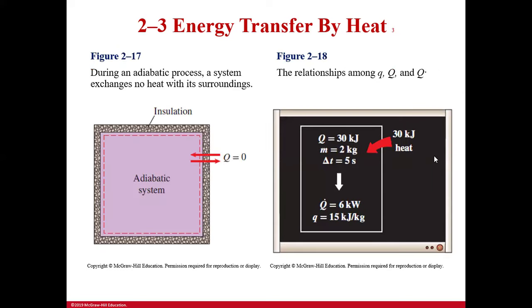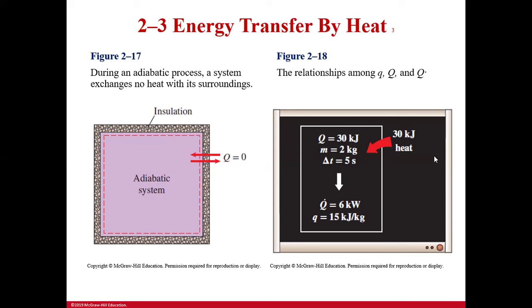During an adiabatic process, the system exchanges no heat with its surroundings, because it is well insulated. When you put in 30 kilojoules of heat, with mass 2 kilogram and time 5 seconds, Q dot is 6 kilowatt.